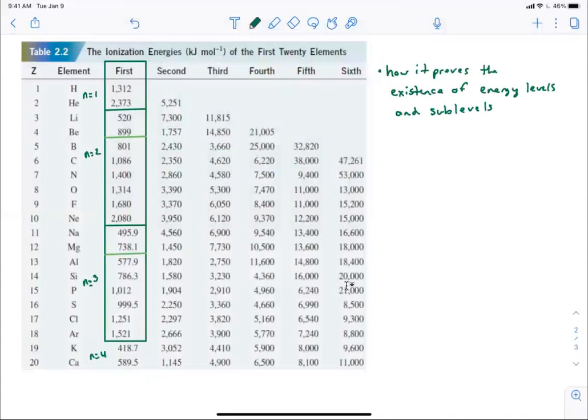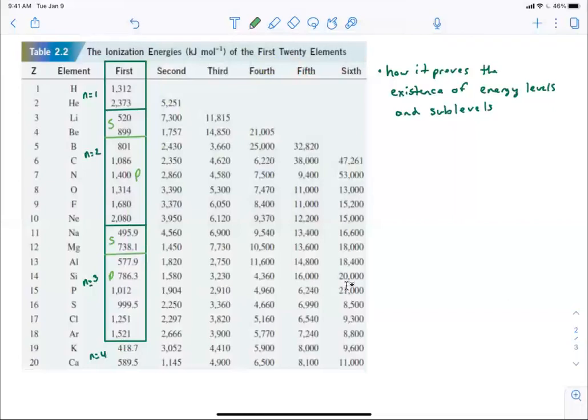So you notice now you have the S sublevel and the P sublevel, the S sublevel, and the P sublevel. So those ionization energies help support the concept that, one, energy levels are away from each other in an atom, and two, even within that energy level, the electrons aren't all on the same energy.